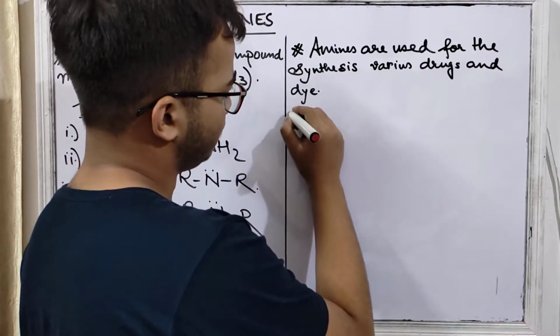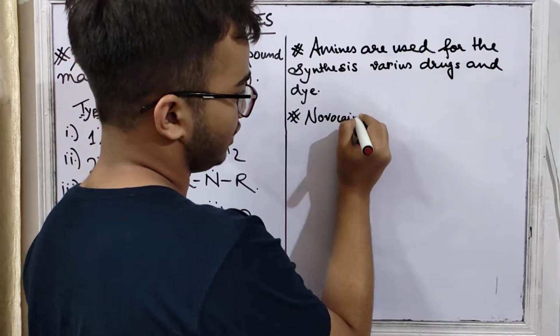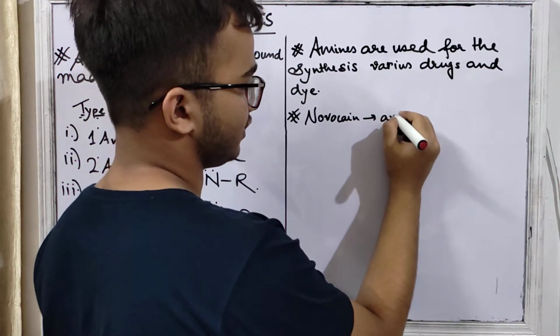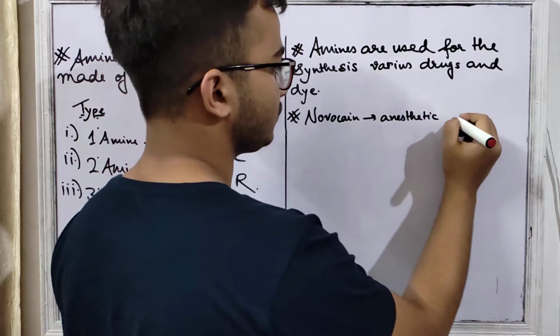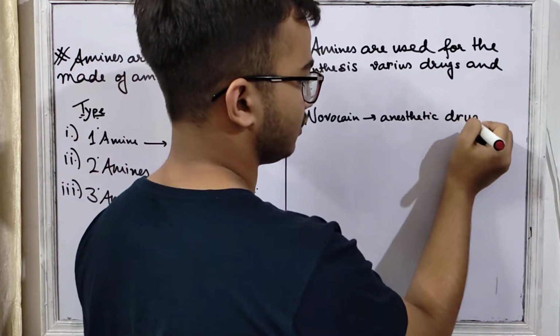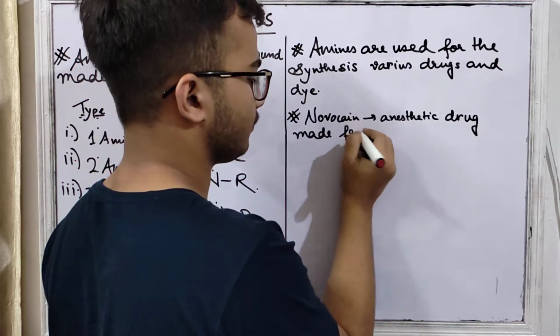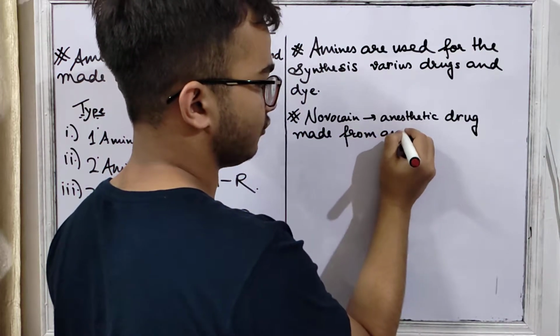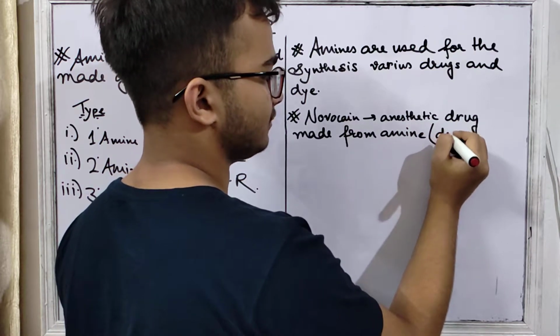Under the drug category you have to remember Novocaine, an anesthetic drug made from amine. What is the use of this drug? It is used for dental purposes.